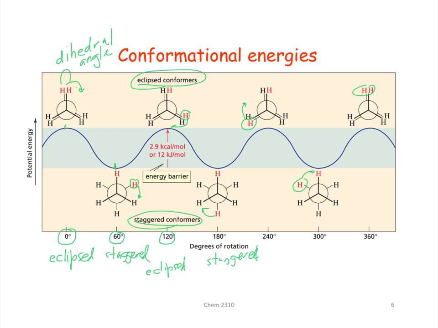So the energy difference between these two, so the delta E between staggered and eclipsed, is about 2.9 kilocalories per mole. Okay, and the way I think about this then is that it's about 3, right? About 3 kilocalories per mole.